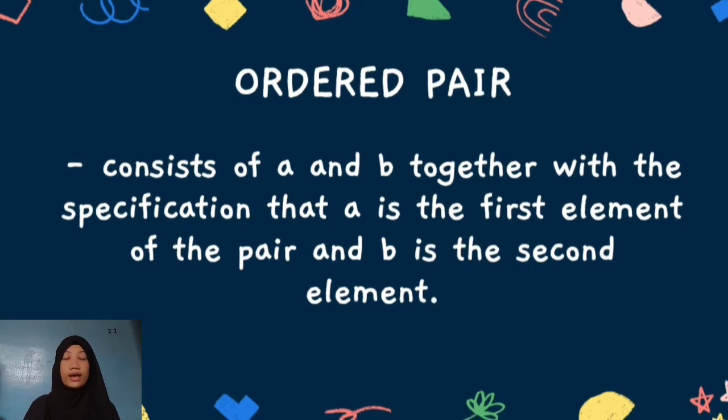Given the elements A and B, ang symbol na (A, B) ay nagpapakilala ng tinatawag na ordered pair. From the word pair, which means pares o may kapares yan siya. So, sa ordered pair, it consists of A and B, which explains na ang A is the first element of the pair and B is the second element.